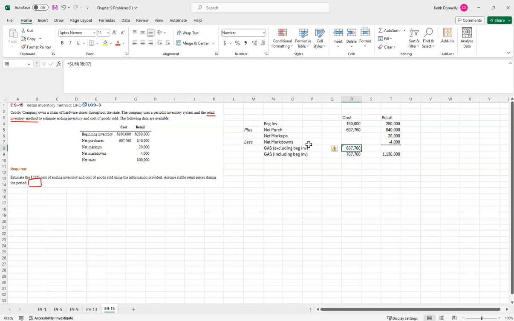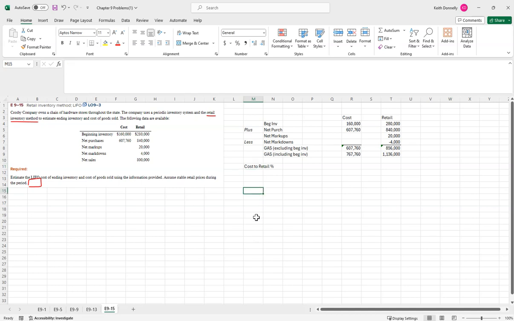Right, so we're looking at 607,760 there, and here 856. Now, what we've got to do is continue building this out. We're going to have a cost to retail percentage that we'll use; we'll come back to that.